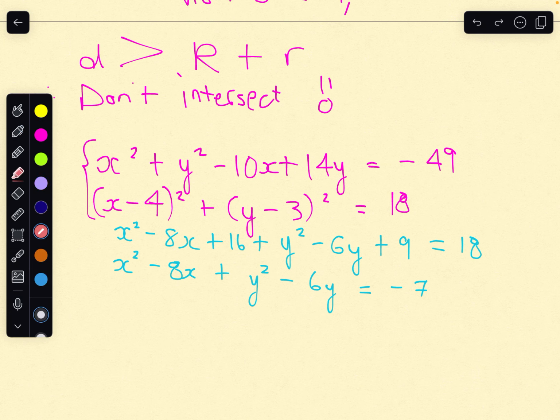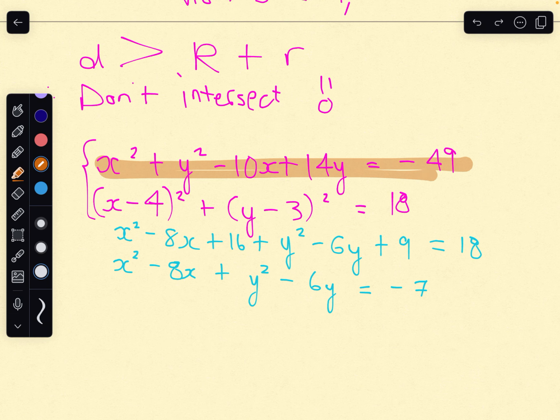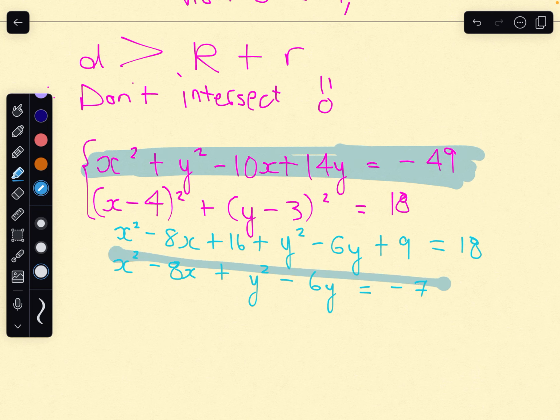Now what I am trying to understand is whether there really isn't a solution for this system. How would I even solve these simultaneously? Two quadratic situations going on.